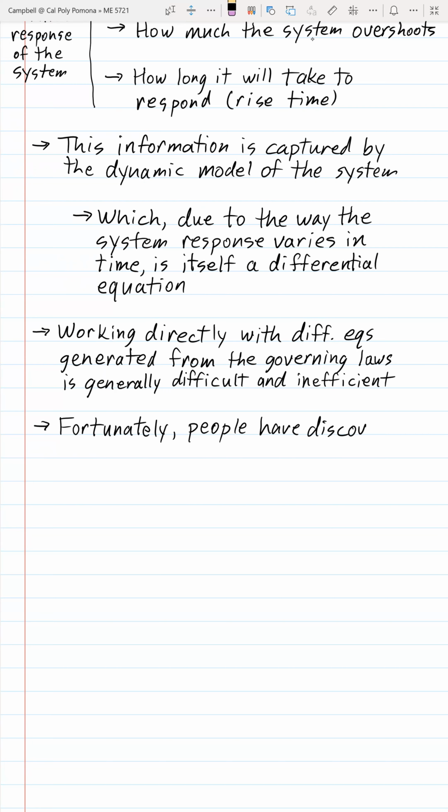And here I'll use the term discovered a little bit loosely because at least in the case of the Laplace transform, as initially formulated by Heaviside, it was almost more imposed than discovered.